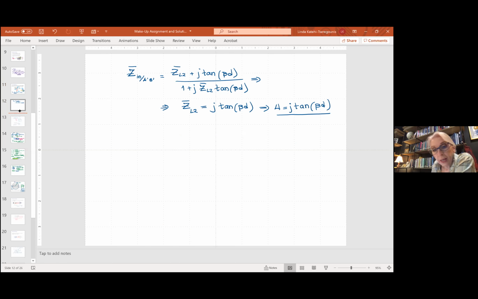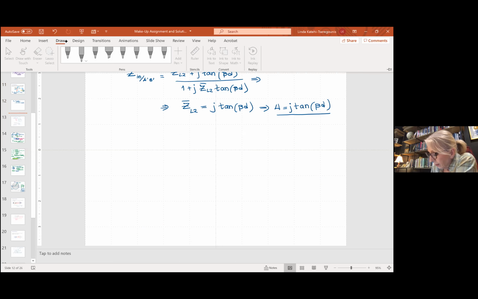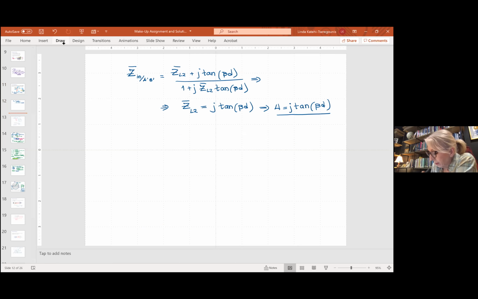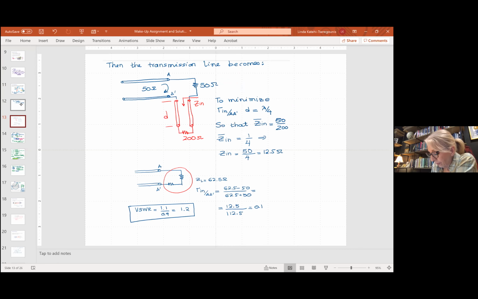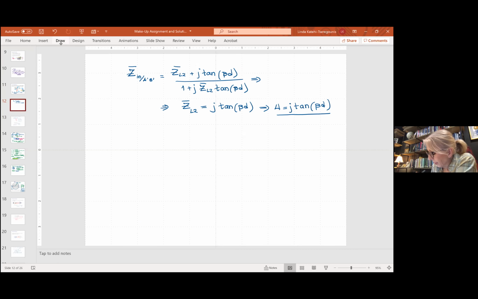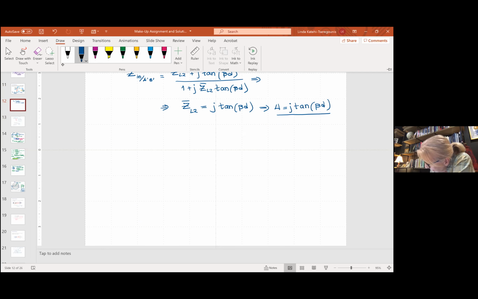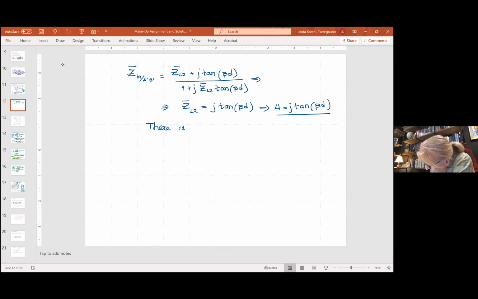So we see from here that there is no D that can make ZL2 equal to 0.